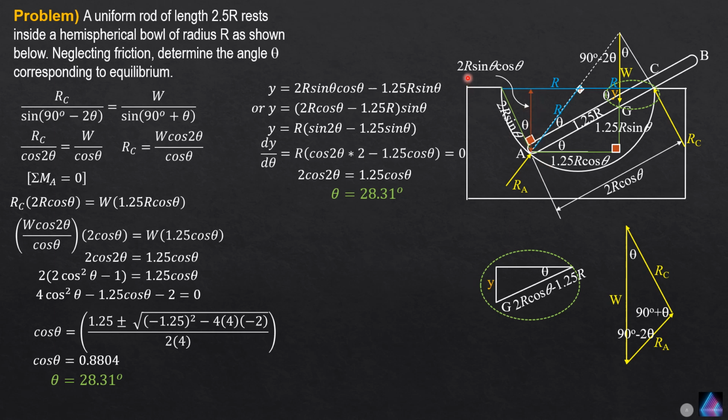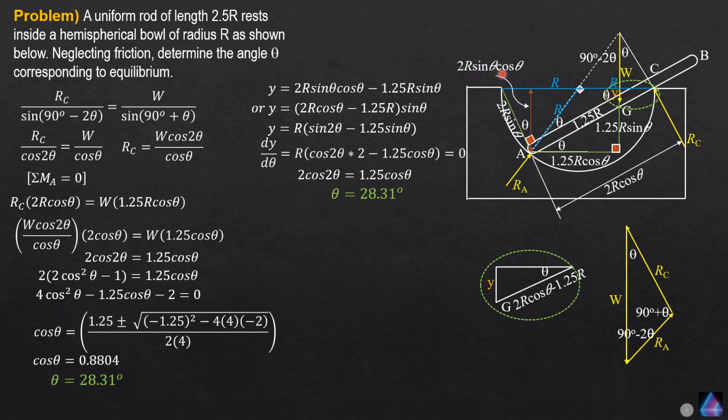This is 2r sine theta, this right triangle here, this is the hypotenuse. This is 2r sine theta because that's 2r for this right triangle and that angle is theta. This is the opposite. So this is hypotenuse 2r sine theta times cosine of theta to get this.